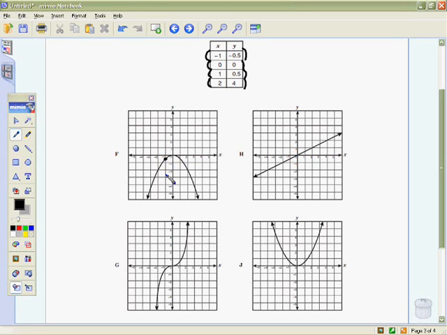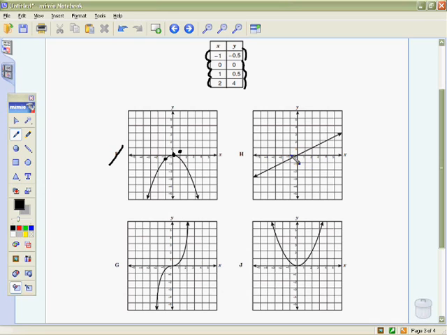At that point we're good. Let's look at the next one. 0, 0. Still good. The next one is 1, comma 0.5. That's up here. Positive 0.5 doesn't work.